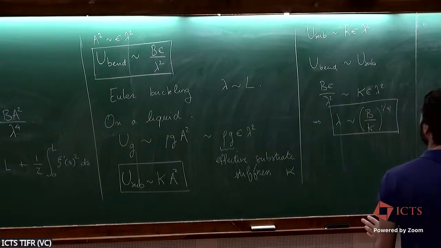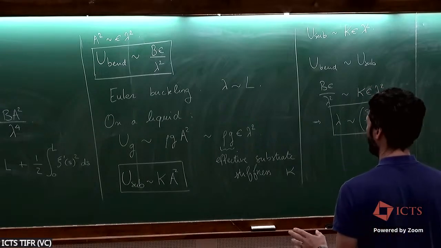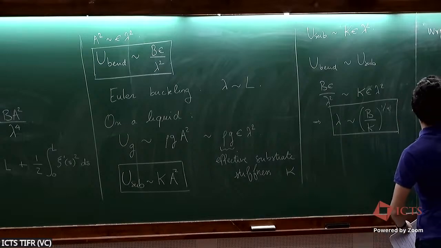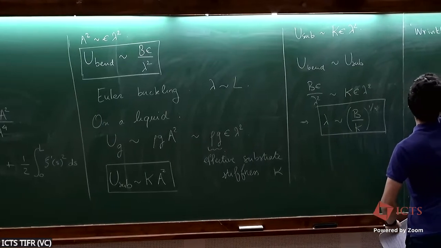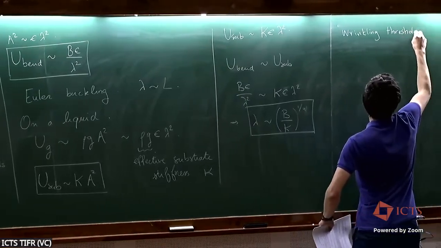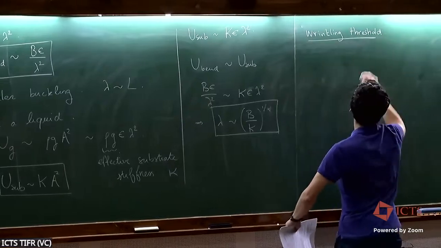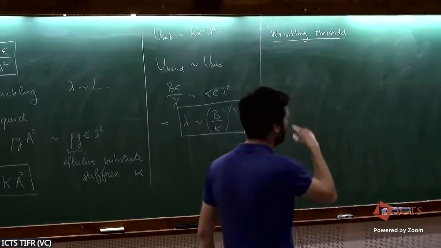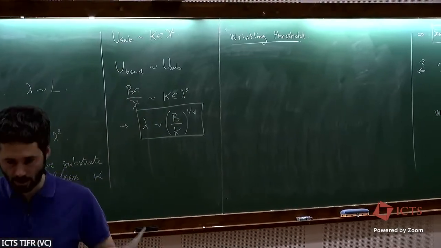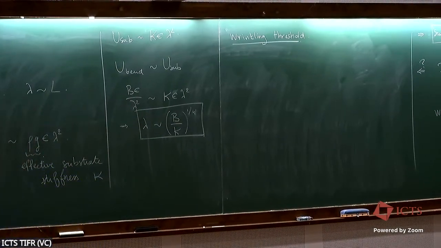So this is assuming that wrinkles have formed, but you can also look at the wrinkling threshold. For this, you can do a linear stability analysis of the flat state with the Föppl-von Kármán equation, or with the Euler-Bernoulli equation, which are the same here.